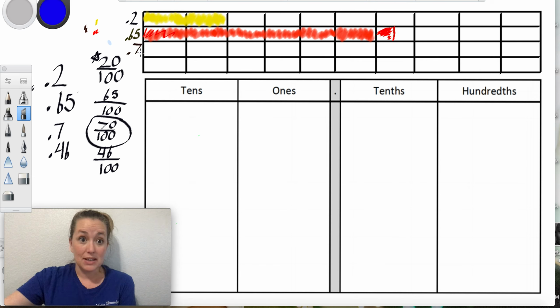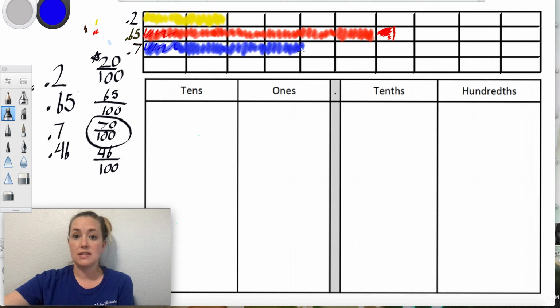That's really easy because this is a 10th piece. So how many pieces of these do I need to shade in? 7. So 1 tenth, 2 tenths, 3 tenths, 4 tenths, 5 tenths, 6 tenths, and 7 tenths. Very easy.